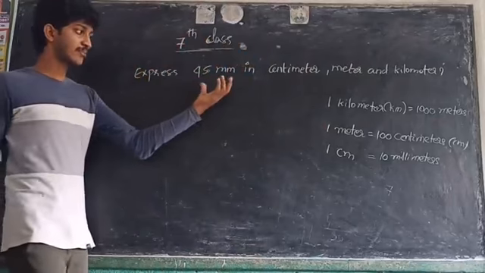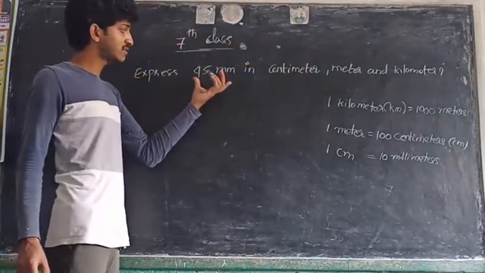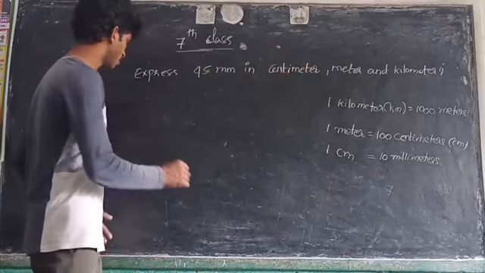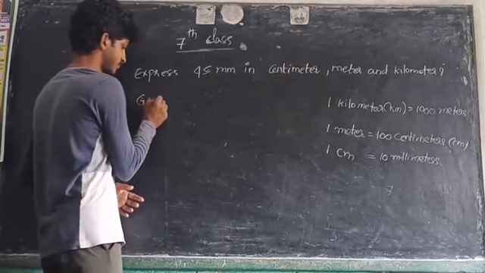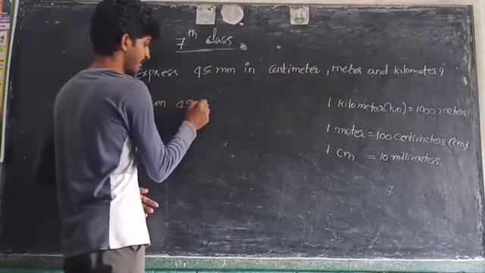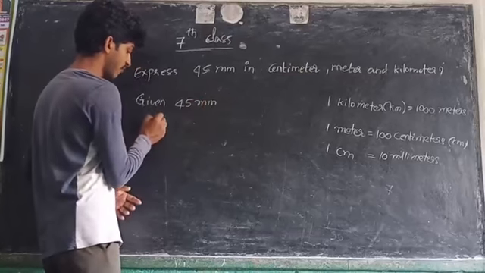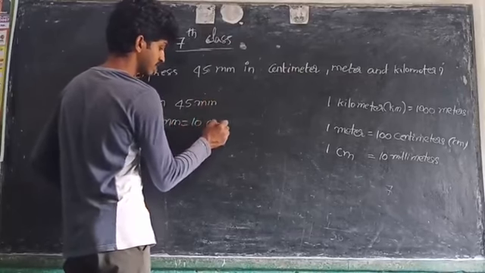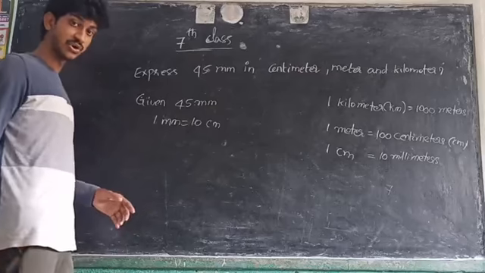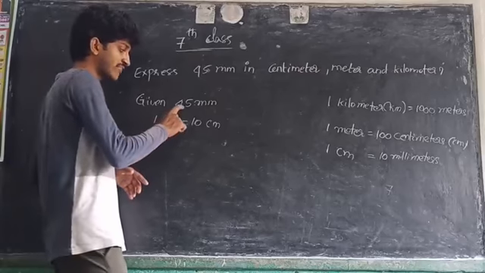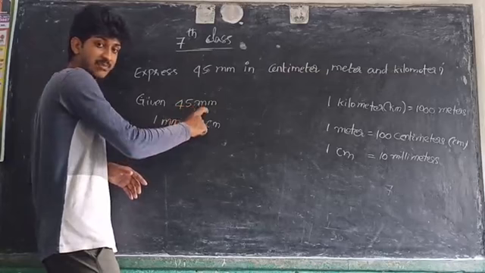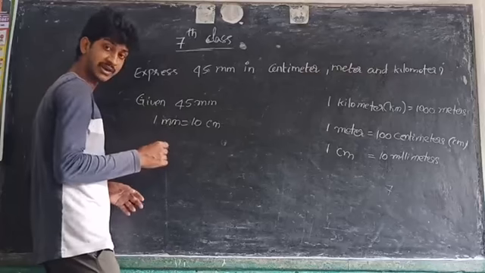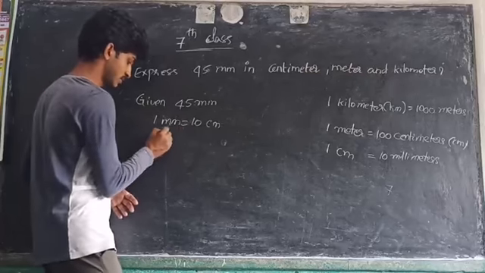So here 45 millimeters are given. We have to convert this 45 millimeters into centimeters, meters and kilometers. Given is 45 millimeters. Since 1 centimeter has 10 millimeters, we divide 45 millimeters by 10 to convert into centimeters.